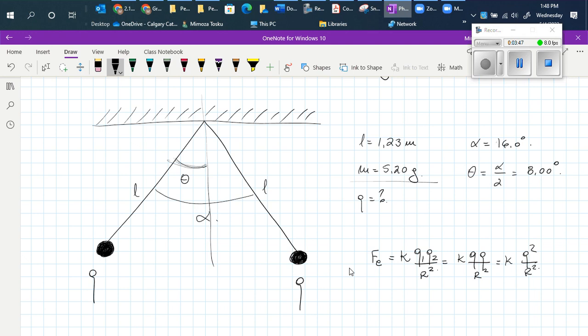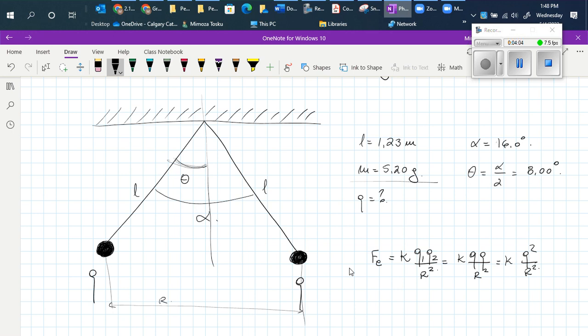So on this relationship, besides the constant, we don't know anything else. However, the distance R between the two charges is this distance here.